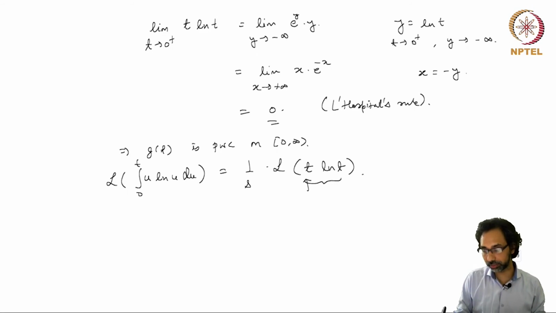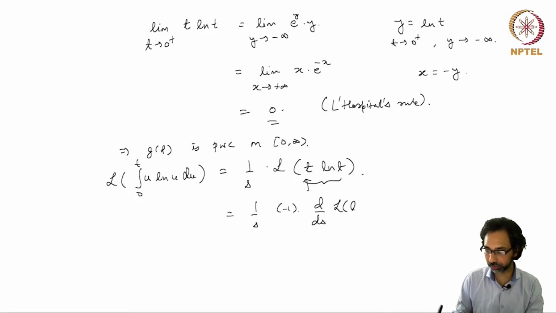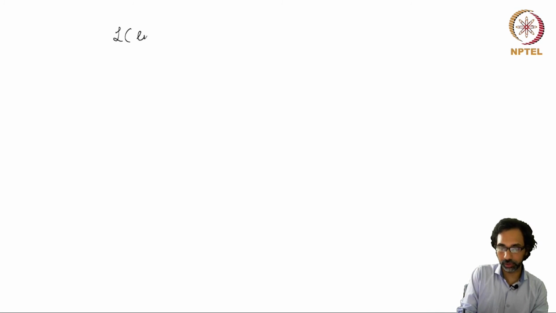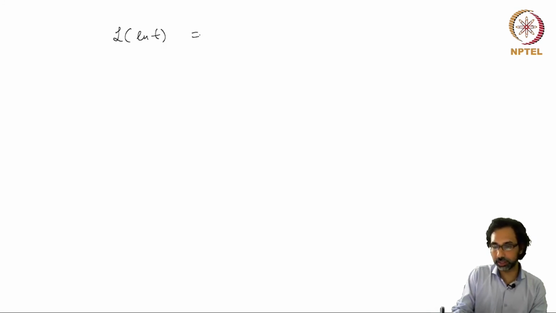Note that there is a multiplication by t, so this is nothing but minus 1 times the derivative d over ds of the Laplace transform of log t. So let's compute the Laplace transform of log t. This is nothing but the integral from 0 to infinity of ln t e to the power minus st dt.